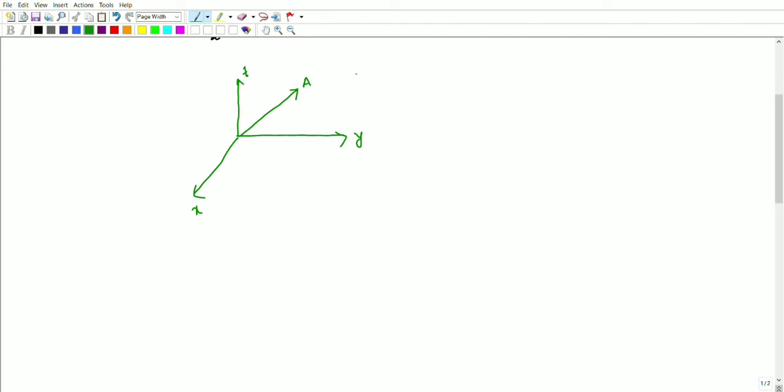Suppose the coordinate of this point is (2, 3, 1). How can we write this vector? 2i cap plus 3j cap plus 1k cap. Suppose we have been given another vector b, and its point is (2, 3, 4). How can we write that vector? b vector is 2i cap plus 3j cap plus 4k cap.